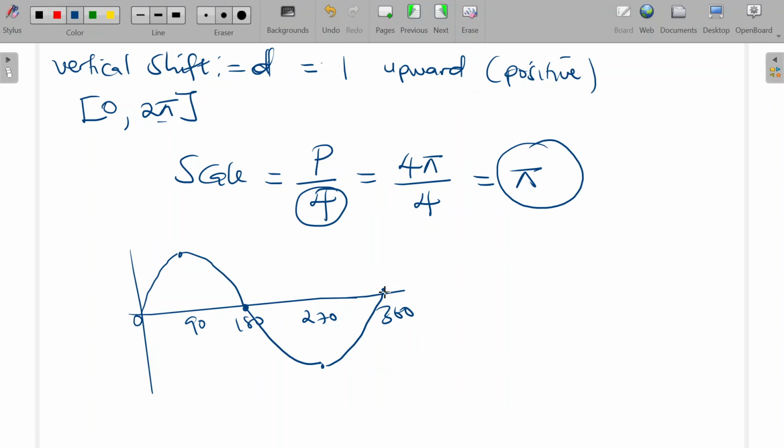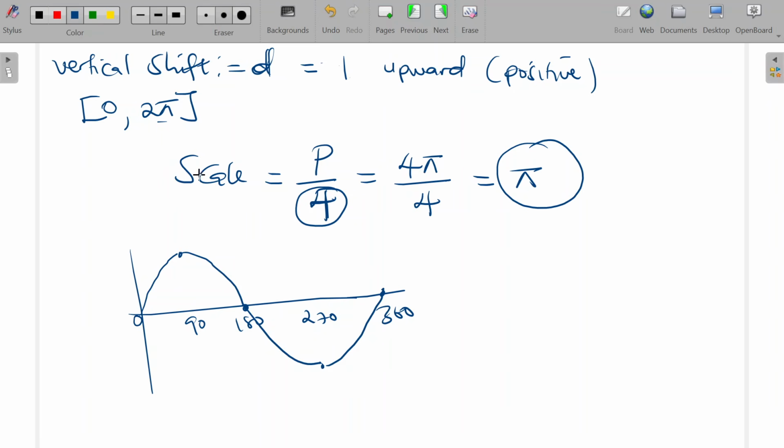So these are the 4 critical points. That's why I'm dividing by 4. The period represents a complete cycle, so this is a complete cycle of a wave.